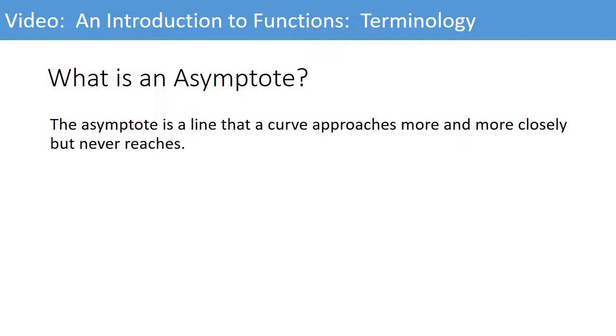What is an asymptote? The asymptote is a line that a curve or graph approaches more and more closely but will never reach. For example, let's graph the equation y equals 1 divided by x plus 3.